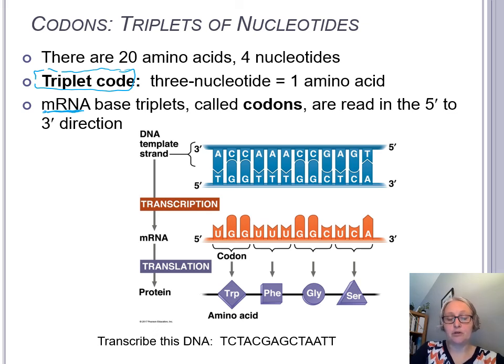This is a great image from your textbook that shows you what this process of transcription and translation would look like. So we've got our DNA strand up at the top, that's the blue thing. And what happens in transcription is you're going to read that DNA strand, and then using our base pairing rules, we're going to make the complementary mRNA strand.